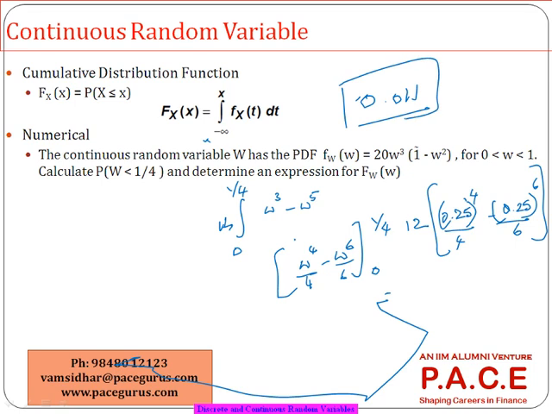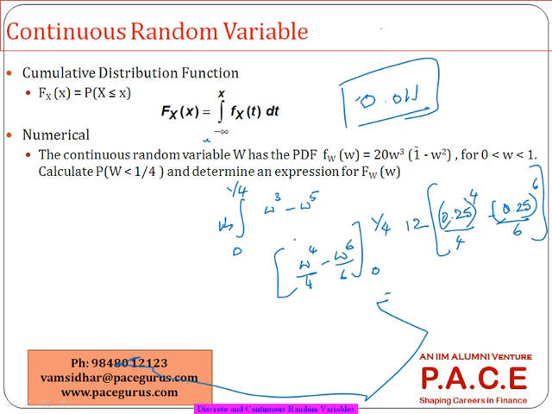Now, if someone asks what is the probability that the value lies between 1 by 2 and 3 by 4, in the same way you put your limits. The probability function is always the integration of that function between the two limits.